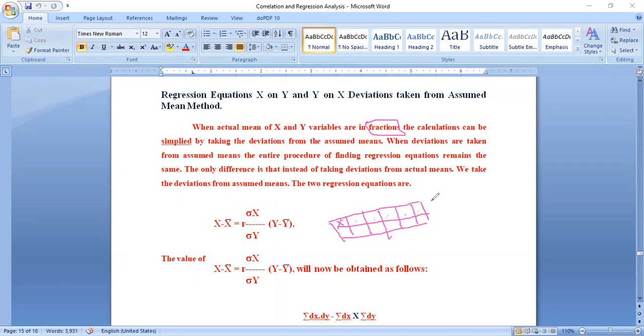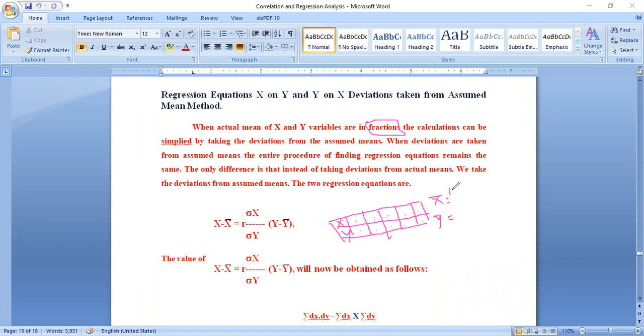Total divided by 5. This value we call x bar value or average value. And here y values are also given, 1, 2, 3, 4, 5. Then we need to find out the y bar also. Okay, total divided by number of samples here.